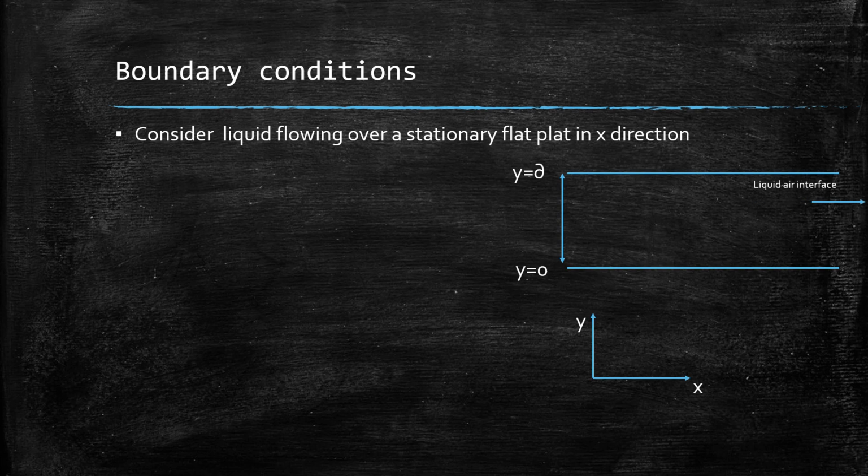Obviously the layer which is just connected to the lower stationary plate will have a velocity 0, and as you progress towards the liquid air interface, the velocity of that liquid will go on increasing.